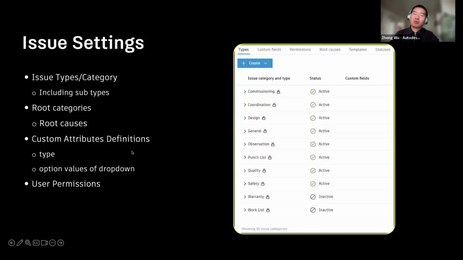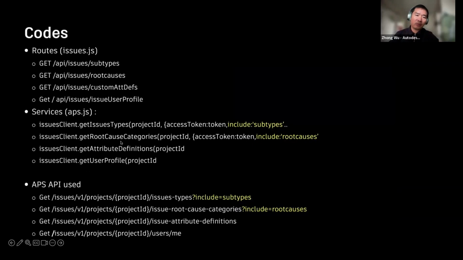Issue settings. We can not only get the issue list, but also the issue types, issue root causes, issue custom attributes, and user permissions. The code here is similar. We provide some routes to help you get the details of the issue settings, and the services are here.